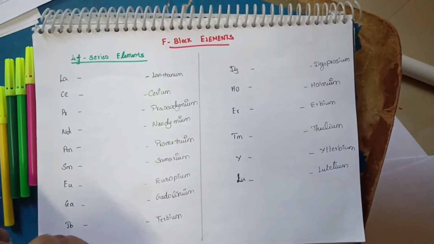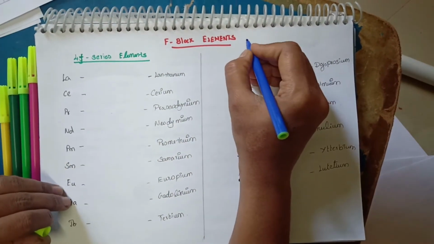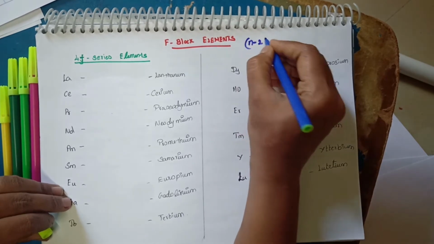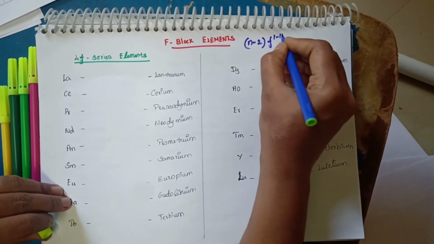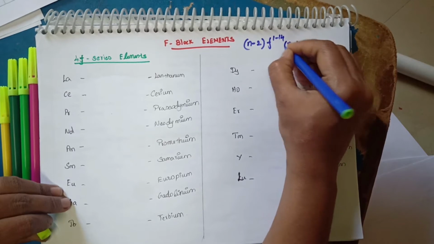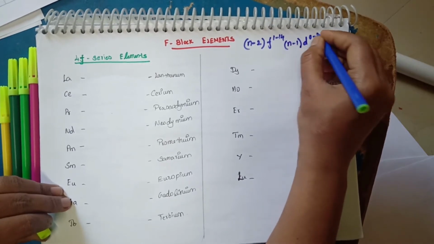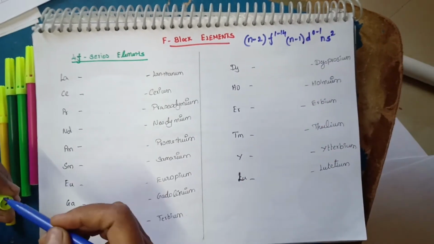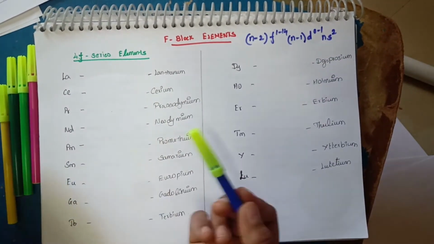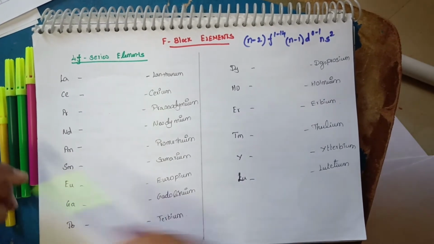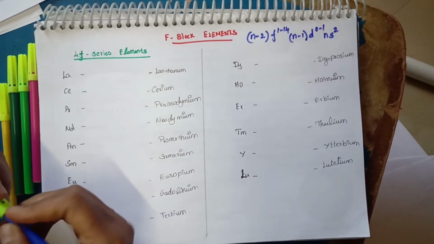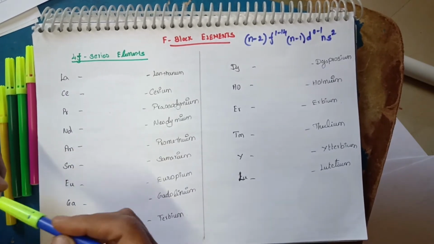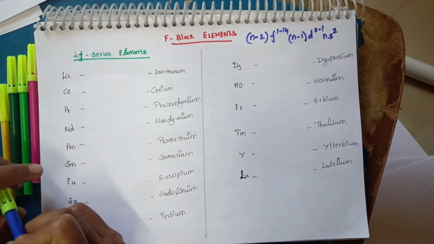First of all, the general electronic configuration is (n-2)f1 to 14, (n-1)d0 to 1, ns2. So the s orbital is fully filled, and the d orbital is doubtful, whether one electron or zero electron is there. How to write the electronic configuration of F block elements, I have done a separate video. You can go through it; it will be useful.